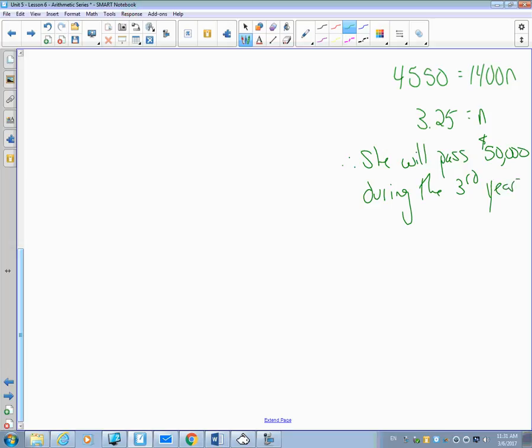Or if she only gets a raise at the beginning of the year, which is more likely, we could say then by the 4th year. And we can't say the 3rd year because at the beginning of the 3rd year she hasn't got to 50,000 yet. It happens partway into the 3rd year, right between the 3rd and the 4th term.